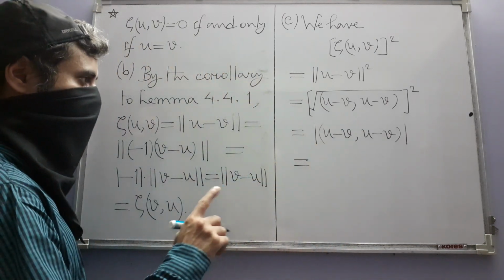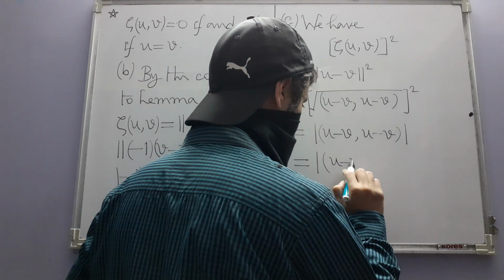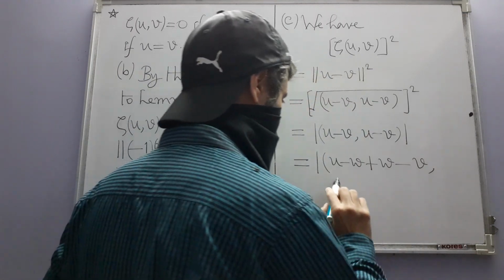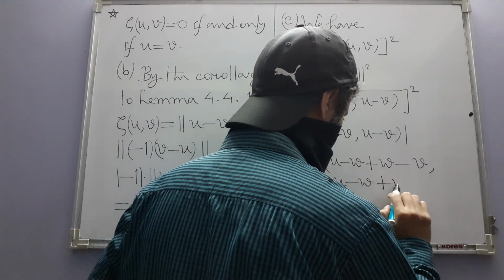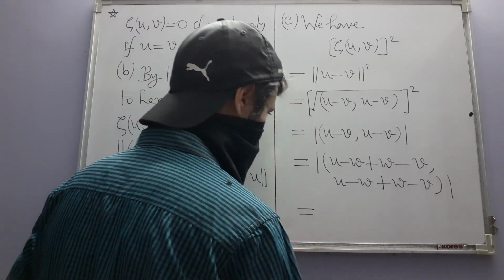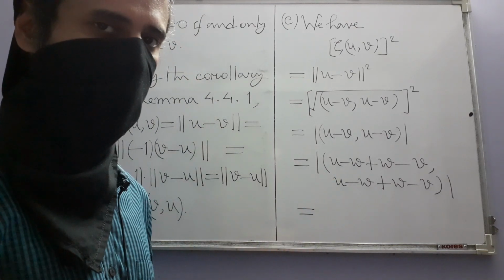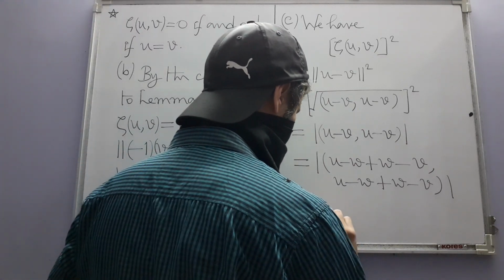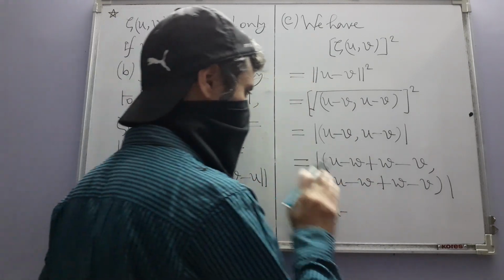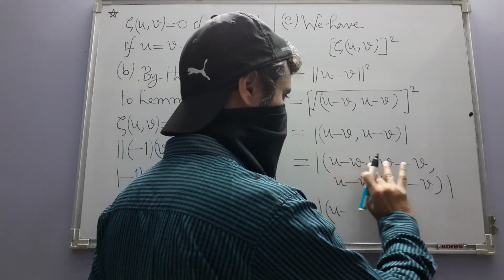Alright, so now we are going to introduce that third vector w, like this: u minus w plus w minus v, comma, here also u minus w plus w minus v. And now in the next line you expand this inner product using linearity, and in fact using whatever we got before. We interpret this as the sum of two vectors. One of them is u minus w and the other one is w minus v.